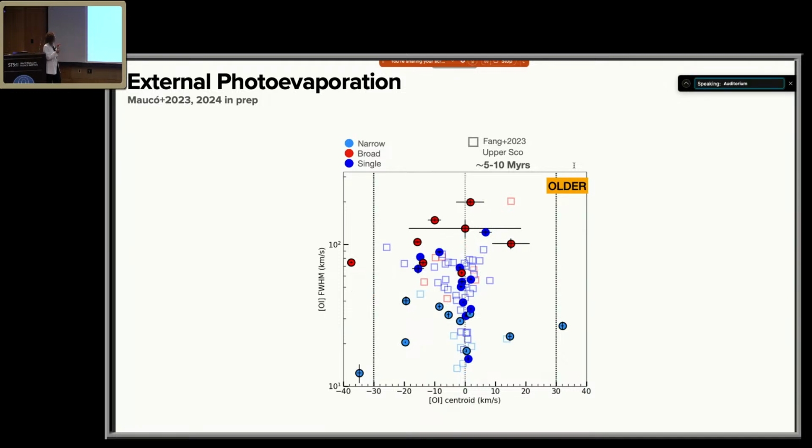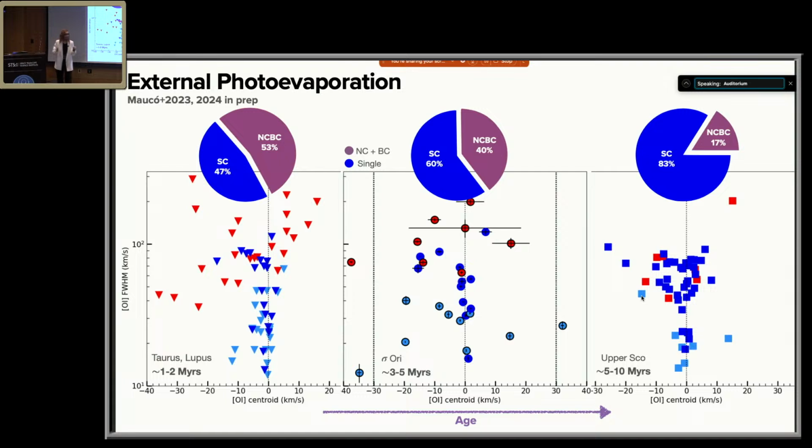But then what is really striking is when you start comparing with older regions. So you can see clearly how very different they are. They lose the broad component, and then you start getting just single components. And this is even more significant when you start looking at some statistics. So here I compare the 3 different regions, Sigma Orionis here in the center.